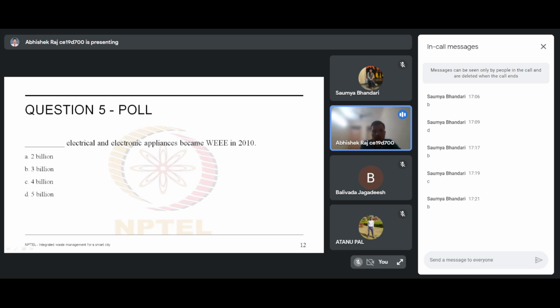So this is as per the research analysis that was conducted way back in, I think, 2012 or 2011. The report came out based on the data up to 2010. Around 3 billion electrical and electronic appliances were estimated to have become waste in 2010. So option B is the correct answer.